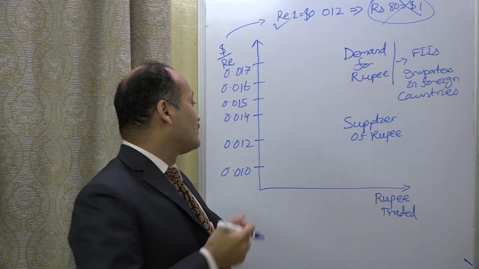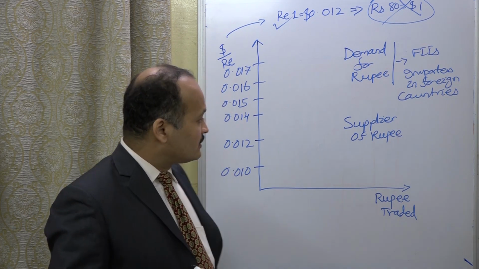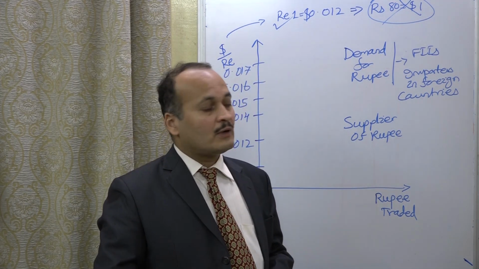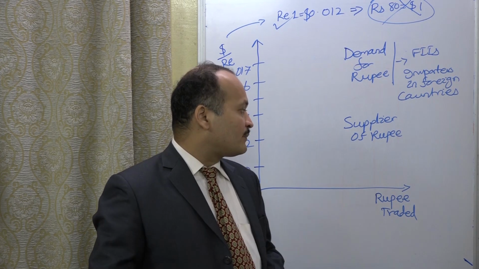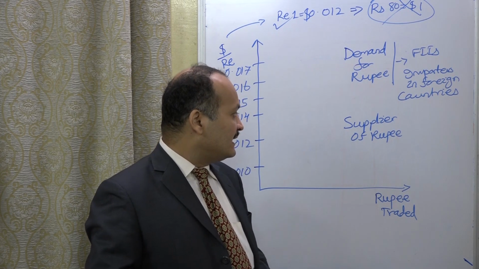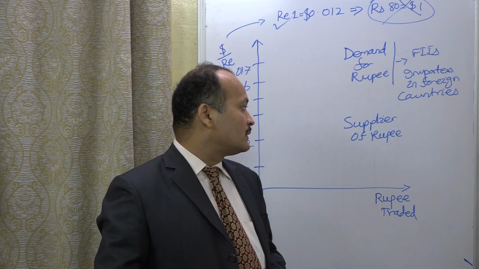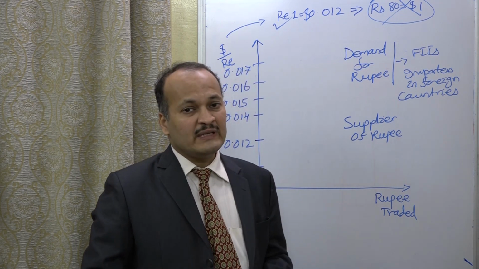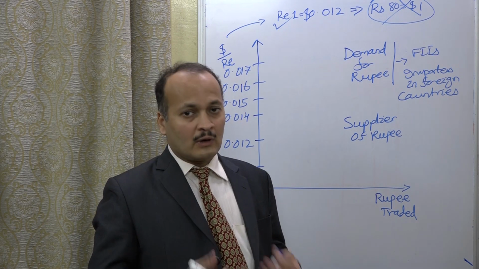Suppose we are talking about the rupee dollar exchange rate. Now people who are interested to buy either goods or assets which are priced in dollars need to convert rupees into dollars.